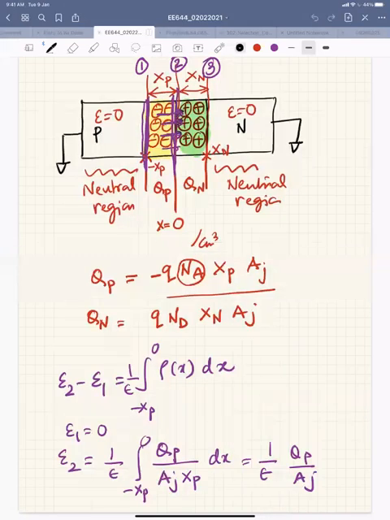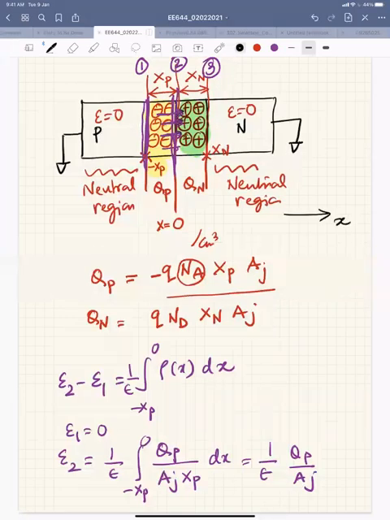At this point we have a depletion region on the P side and a depletion region on the N side. The depletion region on the P side has negatively charged acceptor ions, and the depletion region on the N side has positively charged donor ions, right? Let's say this is my x direction.